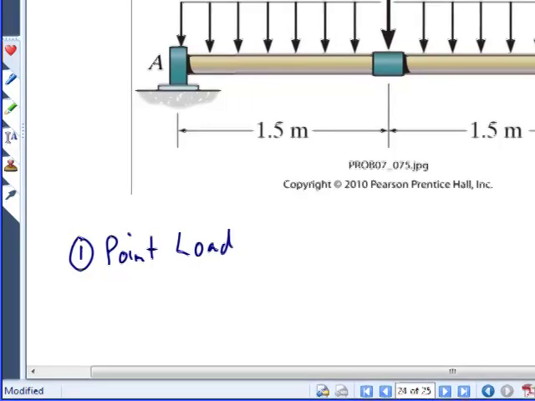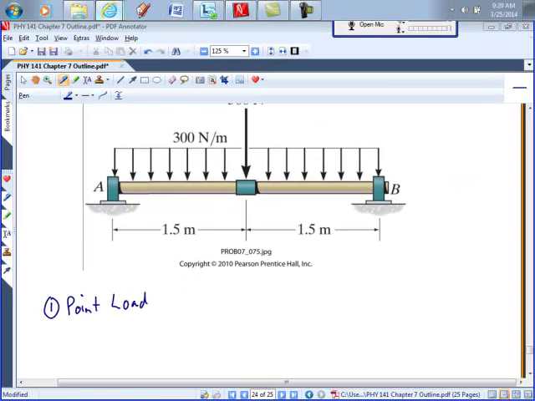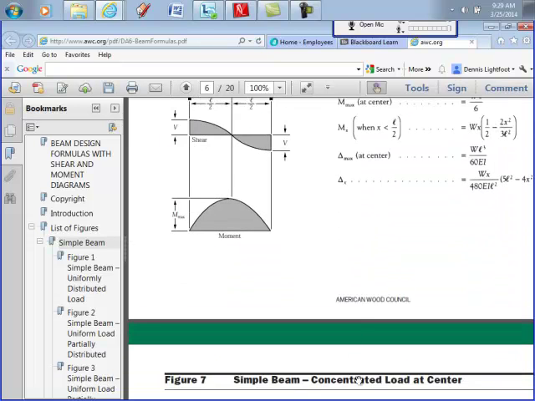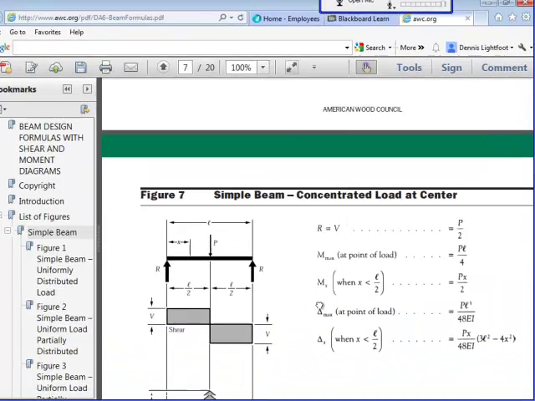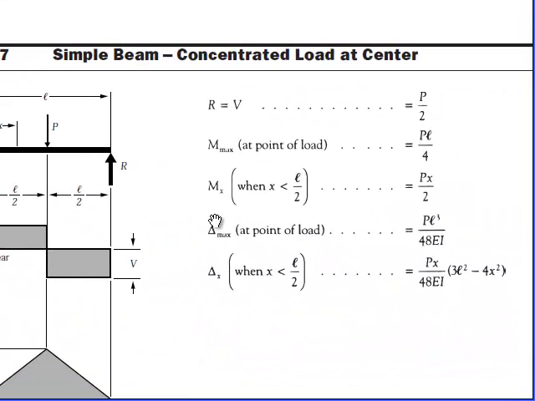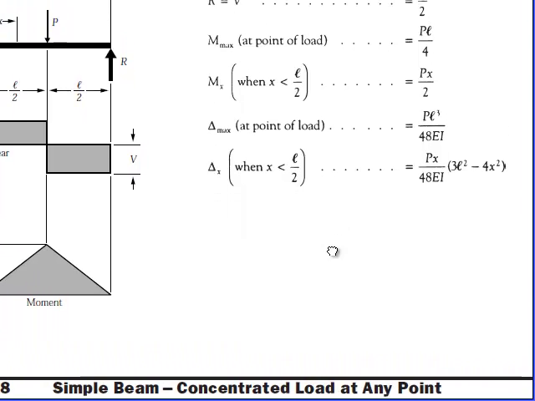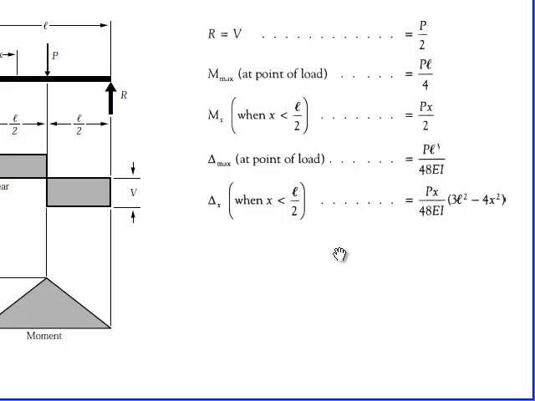So we're going to go back to our website here and find the point load. So far these have all been concentrated load. That's the one we want right there. The other thing that you'll notice in here, and this is really useful, is they give you the deflection of the beam as well.